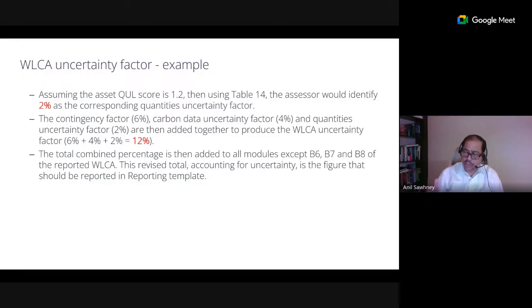It's not impacted by this calculation. B8 is user carbon. Either it's not calculated, or if it is calculated, then you don't have to apply it. So basically in your final report, you will use 1.12 to increase the assessment number because of the uncertainty in your underlying data.